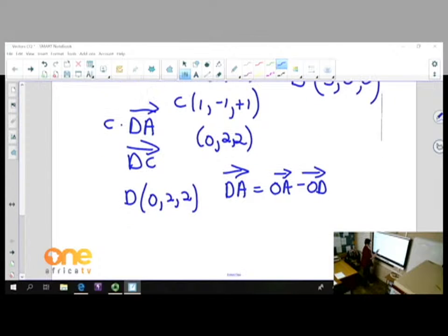Here I have coordinates, but I can also change this to be 2j plus 2k. So I can change from coordinates to base vectors. Now if we subtract the two from each other, I have 2i minus j minus 3k. The i remains that 2i there.